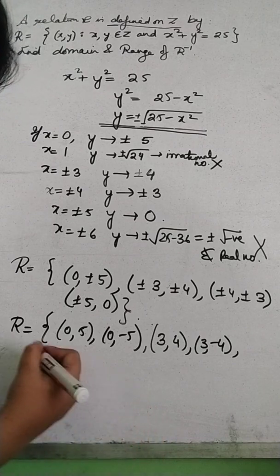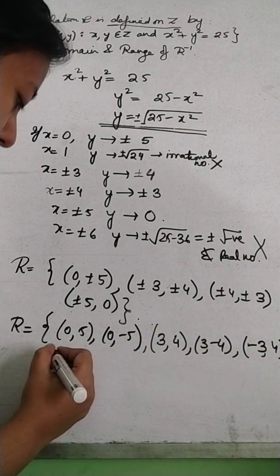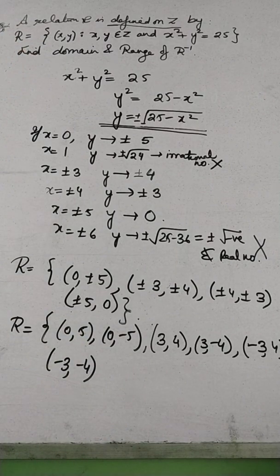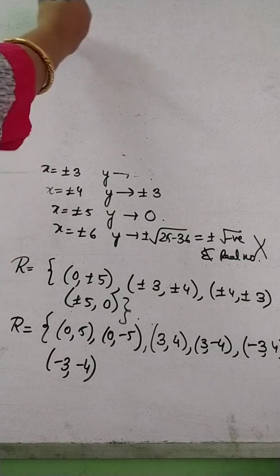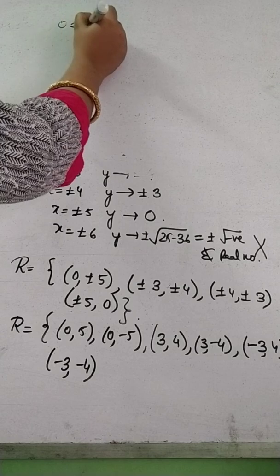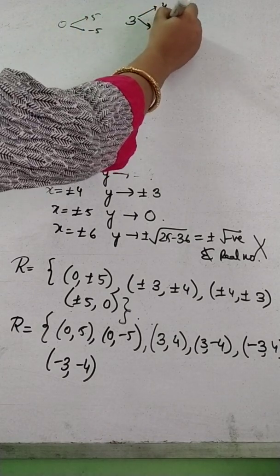And can you see, I'll write it this side. When I take minus 3, it's 4. When it's minus 3, it's minus 4. I hope you have understood why. In fact, if you want, you can draw a tree diagram also, and that will be easier. That is, what you have over here is 0 with 5 and minus 5. 3 gives 4, minus 4.